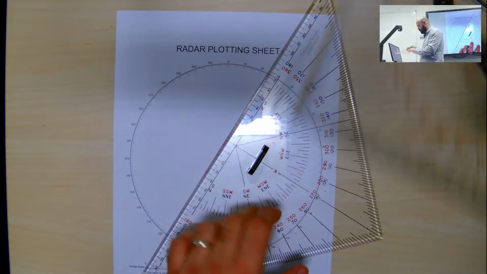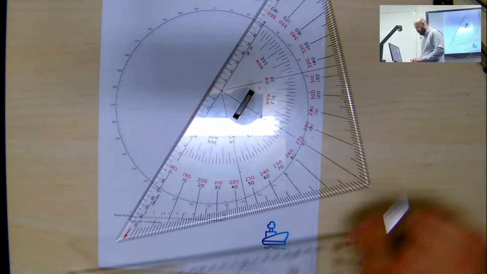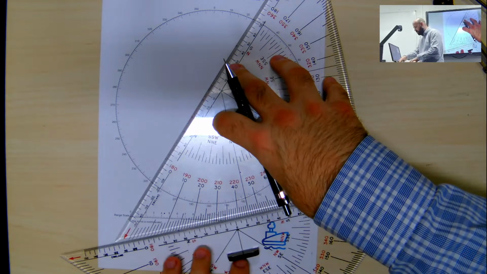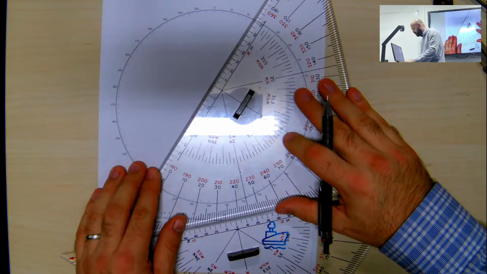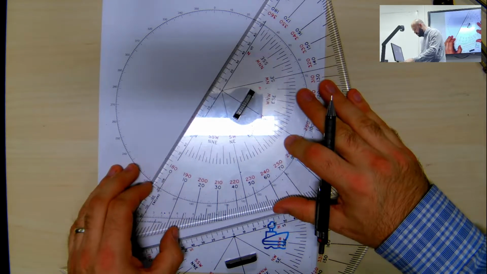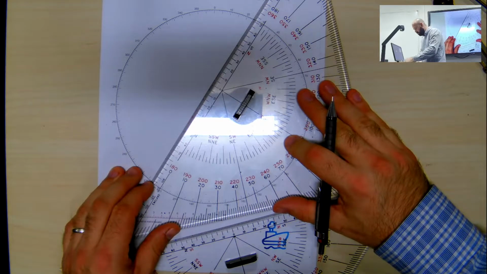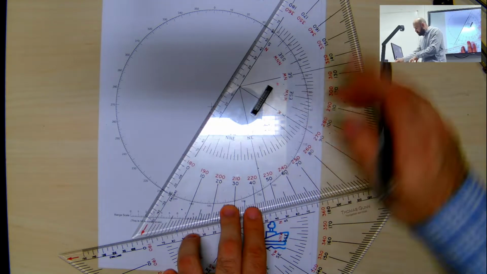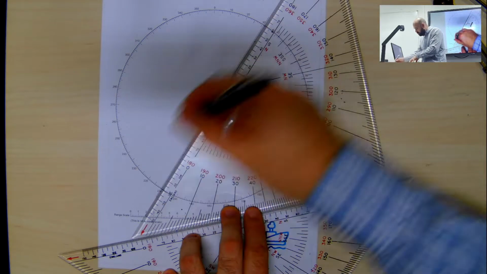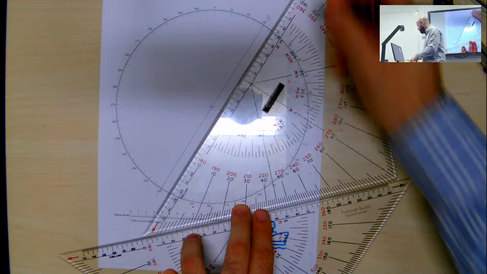I use triangles. You can use whatever you want. Personally, I find triangles are easiest because it's easy to get a 90-degree angle with them for your position line and plot it at 90 degrees, but everybody's different. Some people like rulers, parallel rulers, whatever. Makes no difference. So there's my 031 straight through the middle.